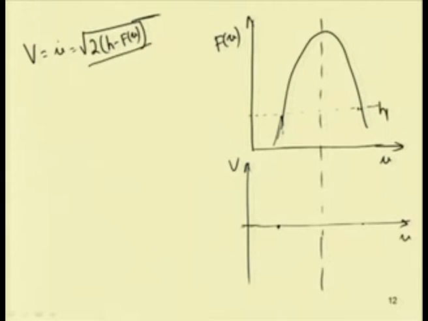in this part I can get 2 real roots. But if I take a point corresponding to this u, at this point f(u) is greater than H, so the inside term is negative. The square root of this negative term will lead to imaginary terms.